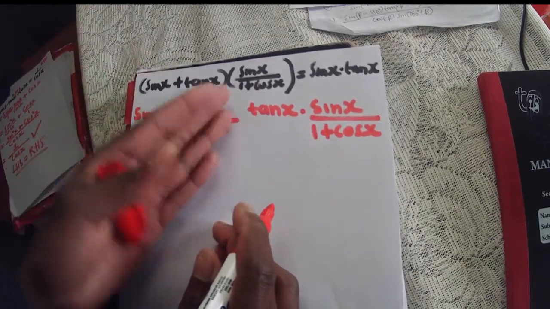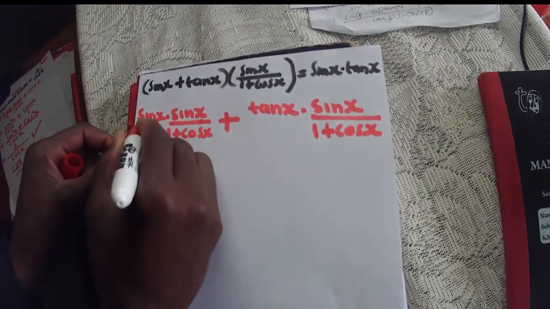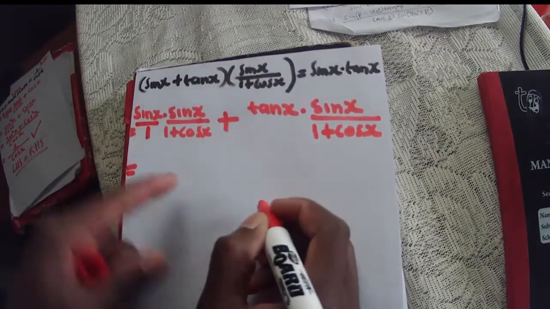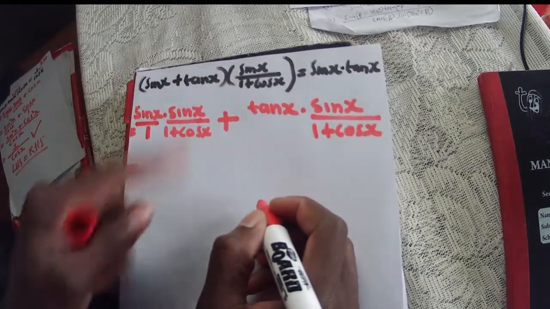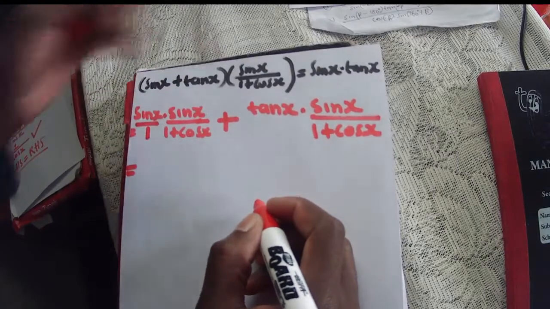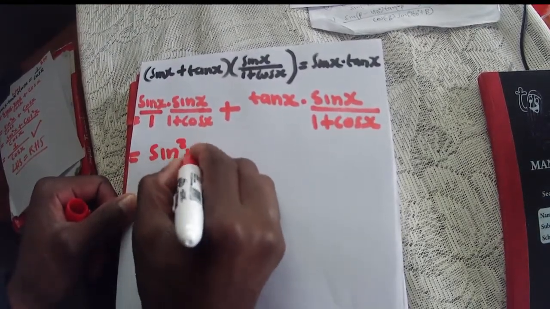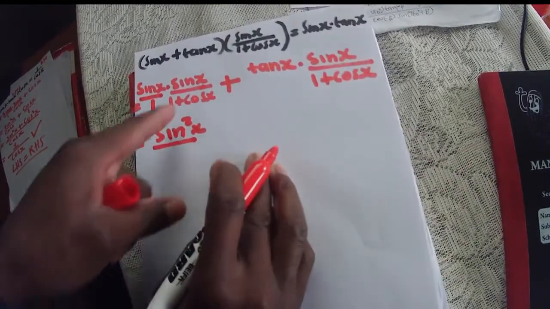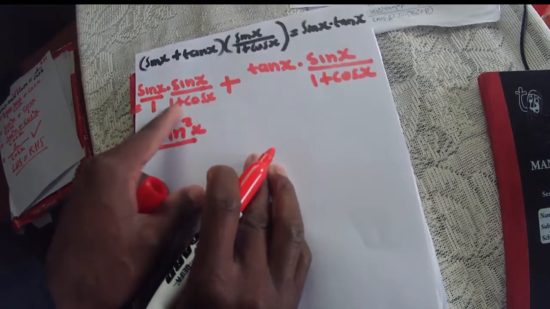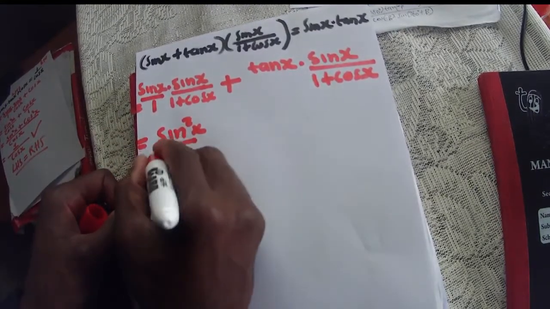So I have two fractions to multiply, both the numerators and the denominators. So I'm going to make this over 1. Multiplying the numerators, sine x multiplied by sine x, what do we get? That is sine squared x divided by. So we are done with the numerators. Let's do it for the denominator.